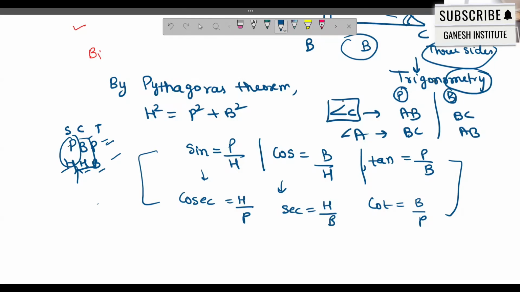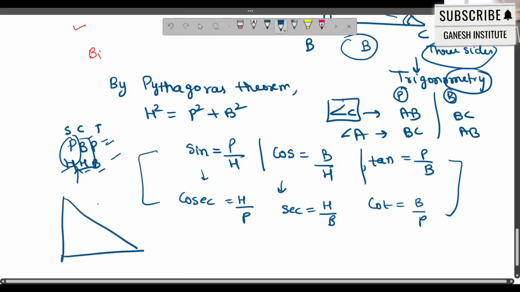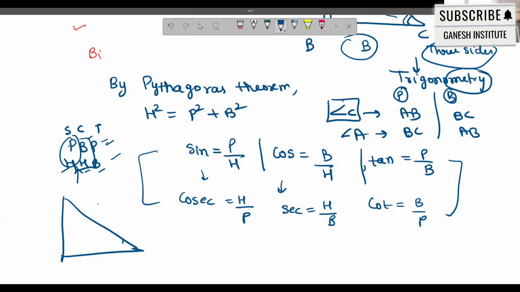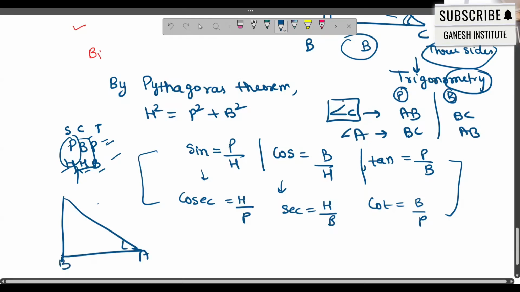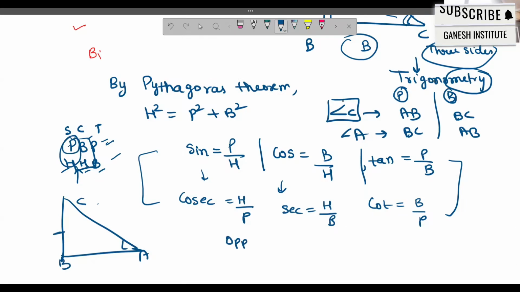We call it opposite, adjacent, and hypotenuse. So as I wrote here, if this is the angle, perpendicular is opposite to the angle, BC, and base is your AB. So I'll call sine as opposite upon hypotenuse, okay?